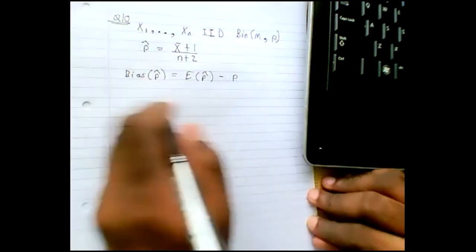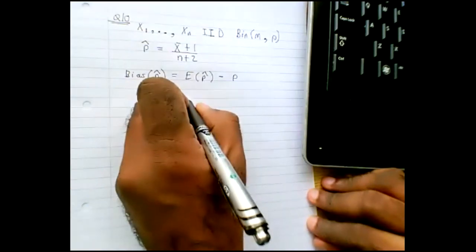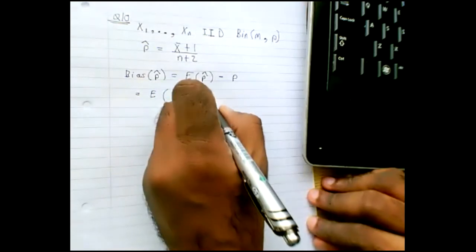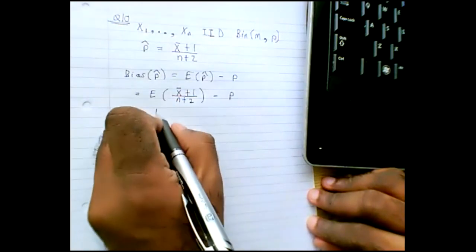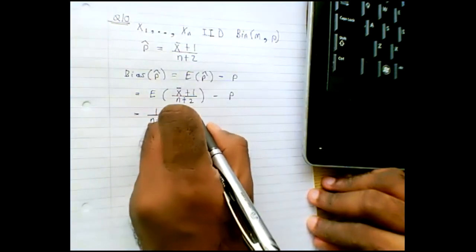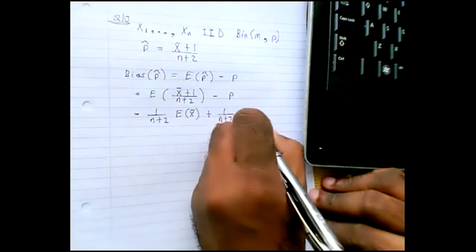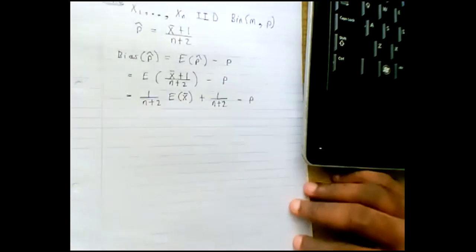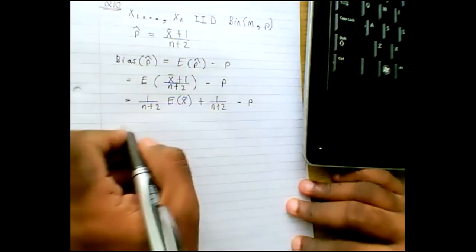Now, this is the expectation of x bar plus 1 divided by n plus 2 minus p. If you take the expectation inside, you get this. By the way, any questions you guys have, please use the chat room.